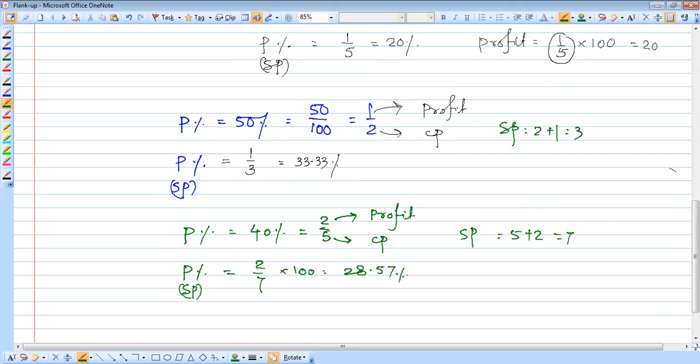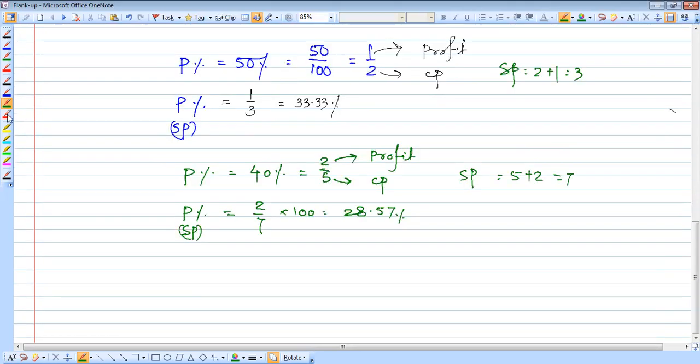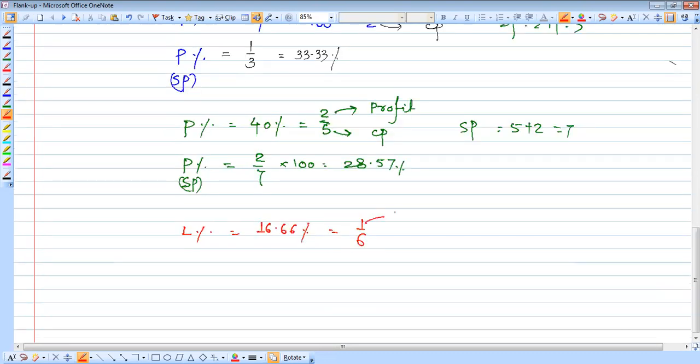I can go with the same concept if there is a loss. If I say loss percentage is 1 by 6 or 16.66 percent. What is this? 1 by 6. What do you mean by 1 by 6? 1 rupee is the loss on the cost price of 6 rupees.